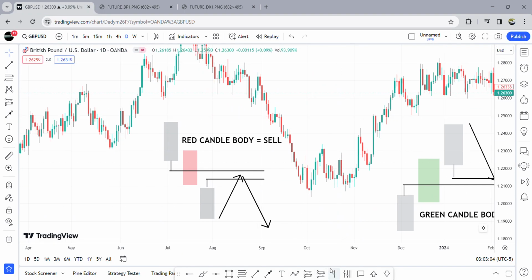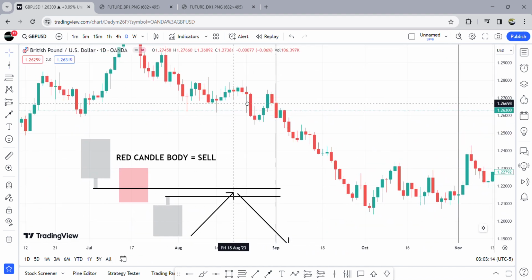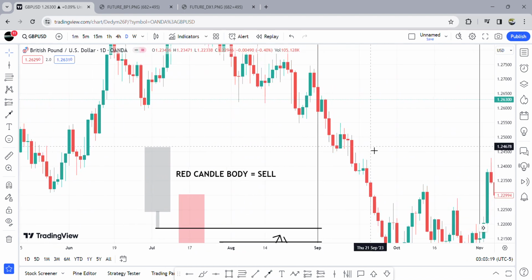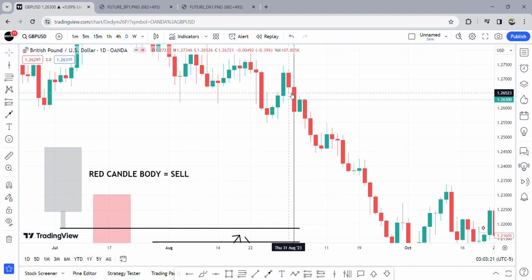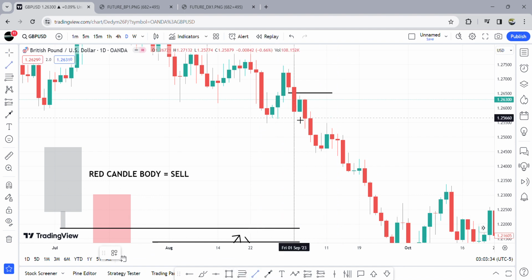So start of September, mark it out with a horizontal line. End of October, another horizontal line. Now we're going to look at all fair value gaps with a red body. Here we go, here's one. This low, this thinner, and this high don't meet up. So that's the area of selling if it gets back to that price.